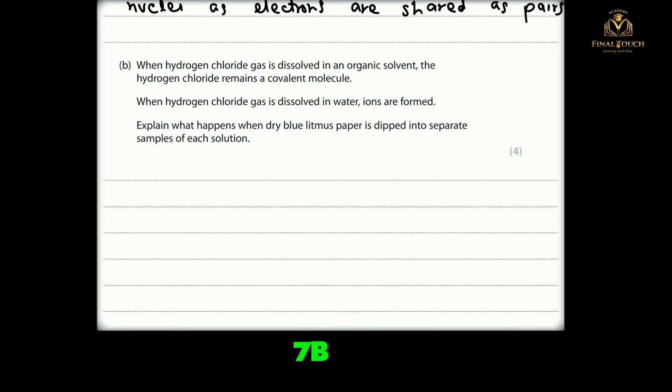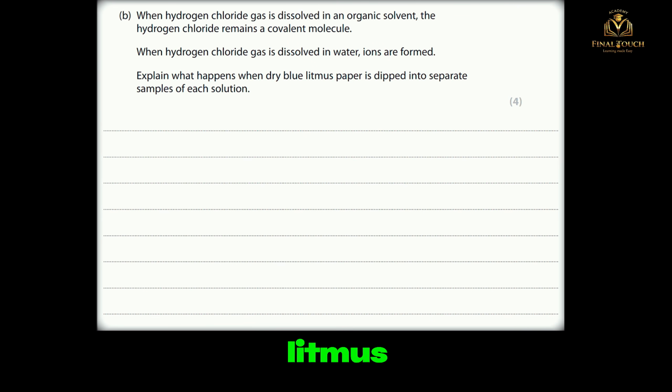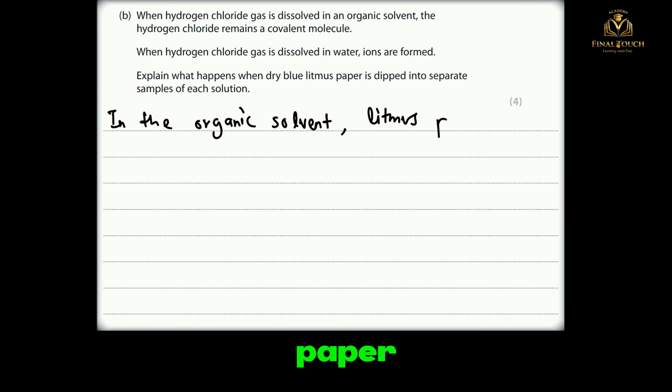Moving on to 7B. It tells us when hydrogen chloride gas is dissolved in an organic solvent, the hydrogen chloride remains a covalent molecule. When hydrogen chloride gas is dissolved in water, ions are formed. Explain what happens when dry blue litmus paper is dipped into separate samples of each solution. So when it is put in the organic solvent, the litmus paper stays blue.